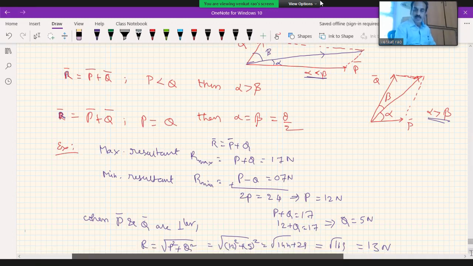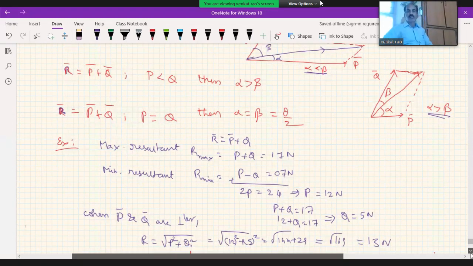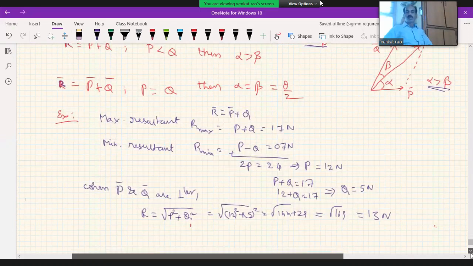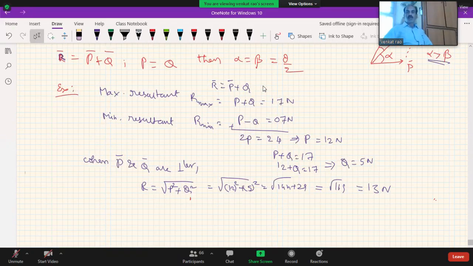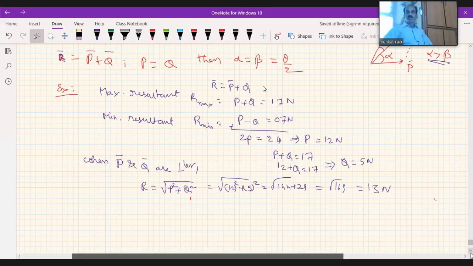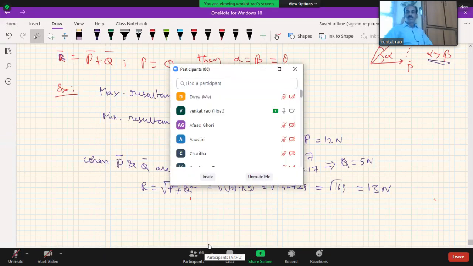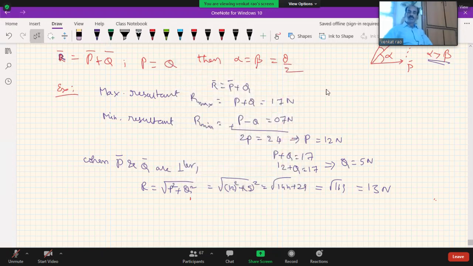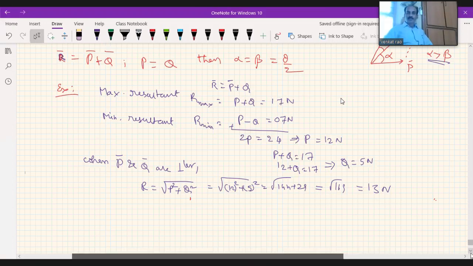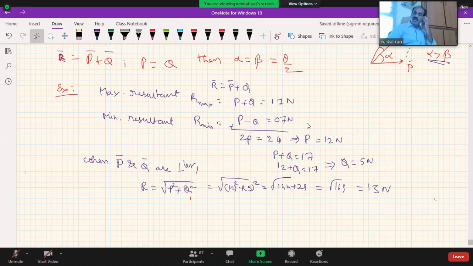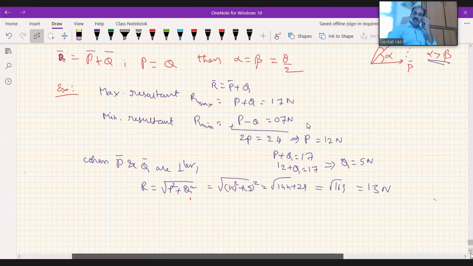Next, the resultant of two forces, 1 Newton and P Newton, is perpendicular to 1 Newton and equal to 1 Newton.